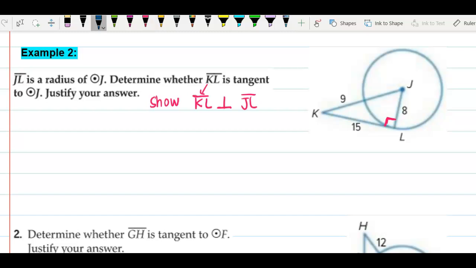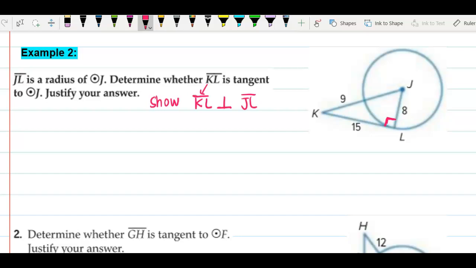If we have a right triangle, there are a couple of different things we can use. We could use trig, but that doesn't help for this one because we don't know the angle measurements. But one other thing we've used lately is the Pythagorean theorem. If this is a right triangle and it follows the Pythagorean theorem, then it could be perpendicular and therefore a tangent line.